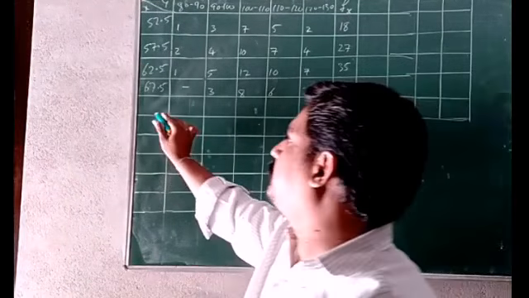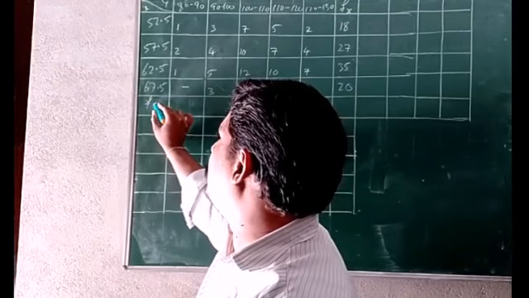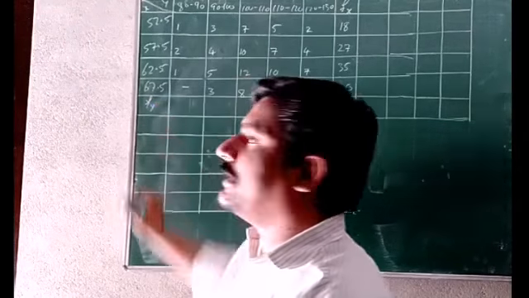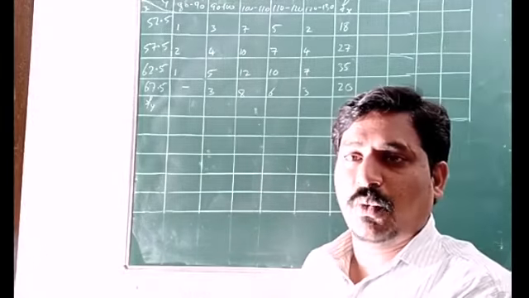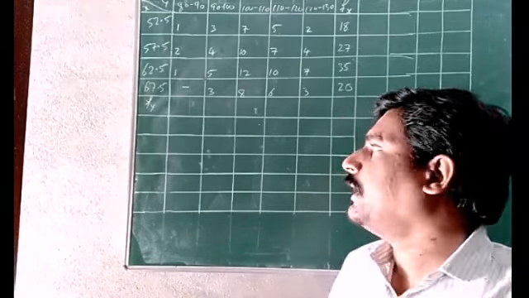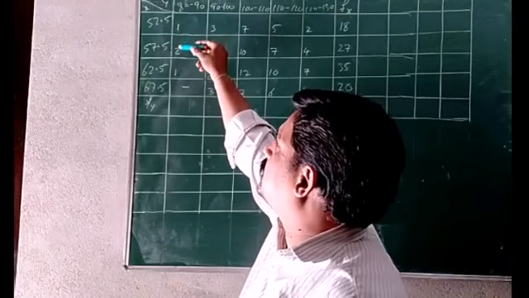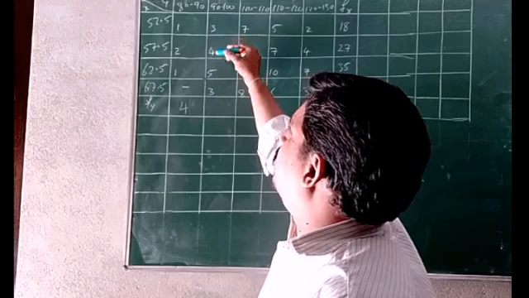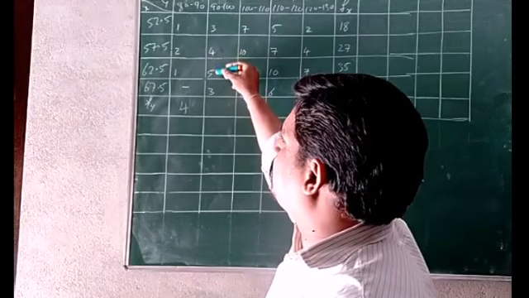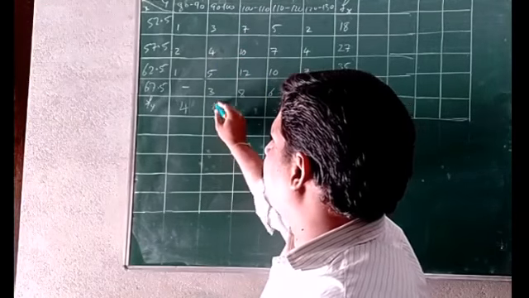Here we write frequencies belonging to the y variable, so we name them fy. Fy means frequencies belonging to the y variable. Okay. Now here 1 plus 2, 3, 3 plus 1, 4. Next 3 plus 4, 7, 7 plus 5, 12, 12 plus 3, 15.